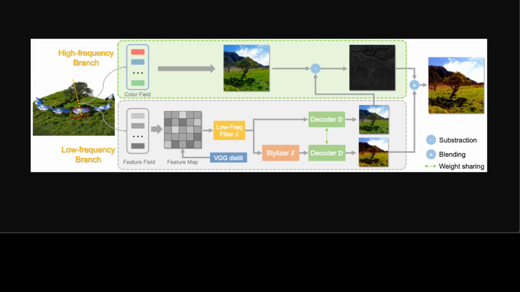This pipeline comprises two primary branches: the high frequency branch, reconstructed from multi-view images, which ensures view consistent scene details, and the low frequency branch, responsible for filtering low frequency components from the full scene feature fields, performing style transfer and decoding the original and edited low frequency images. Finally, the high frequency details are reintegrated into the edited low frequency image, resulting in a high fidelity edited scene.